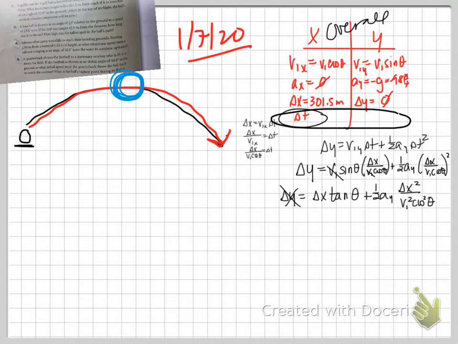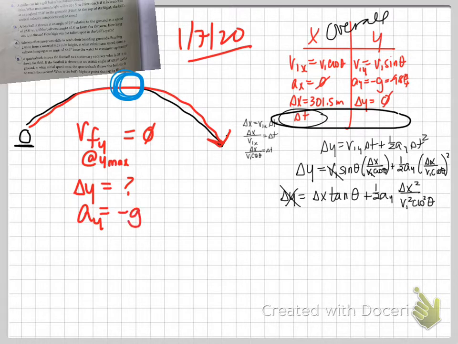Because do I have an equation? Can I treat this on just the y-axis? Oh, duh. What was I thinking? Huh. Silly, silly Moser. Okay, so if I know that VF, and I'm going to put this, VFY at y max, it's a whole lot of subscripting, equals 0, and I want to know delta y, and I have a sub y, negative g, negative 9.81 meters per second squared.